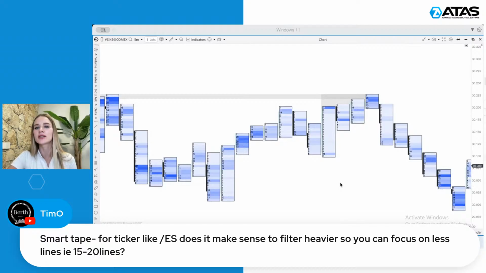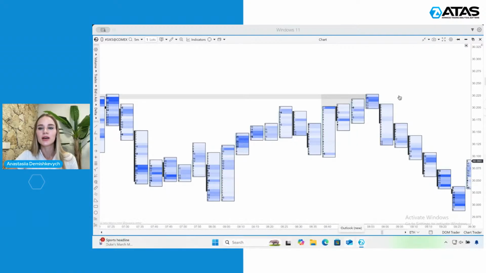I do find that it makes sense, because you have such a big amount of data that it is going to be much easier for you to filter it out and focus on the important if you have the minimal value filter. So Tim, I do find it really useful.